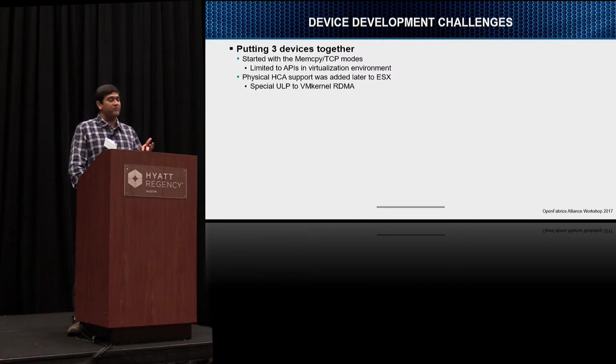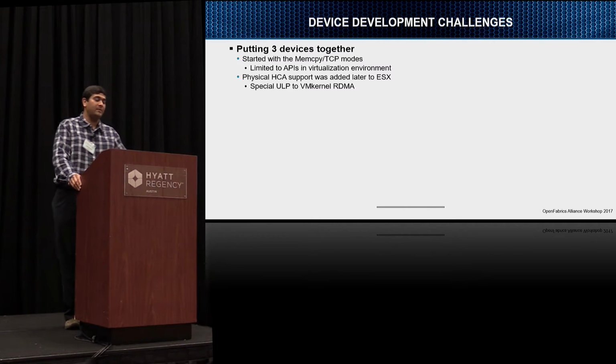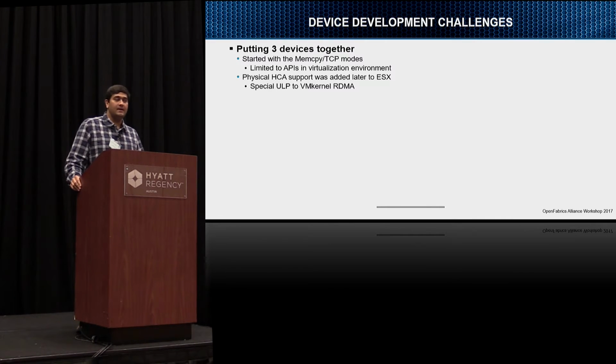So now we have these three devices, and we want to make sure that when you started developing the PVRDMA device itself, we only started looking at the VM to VM or RDMA mem copy, as well as the TCP emulation itself. Because when we started developing the device, we didn't have support for RDMA HCAs in ESXi at that point.